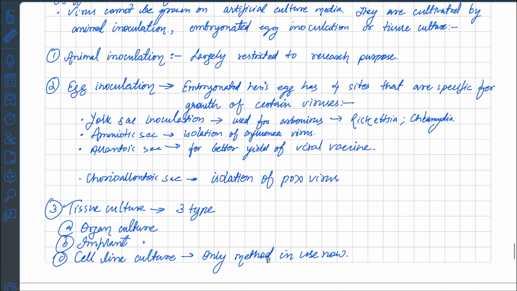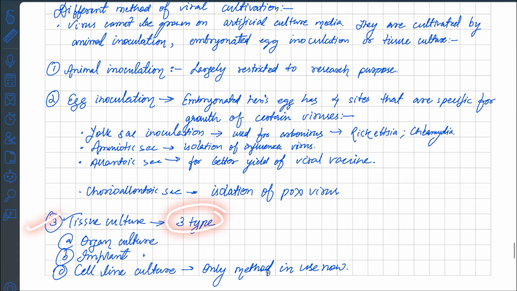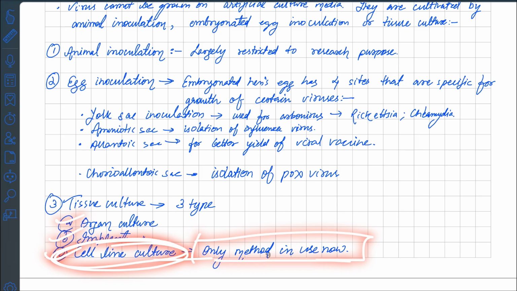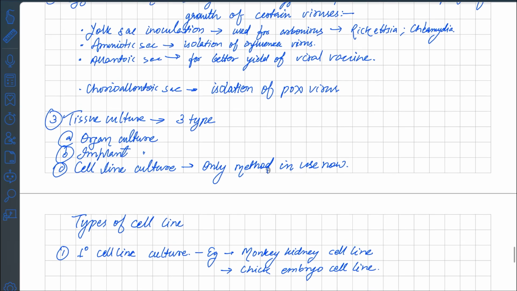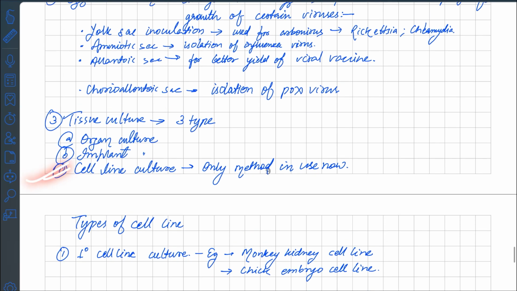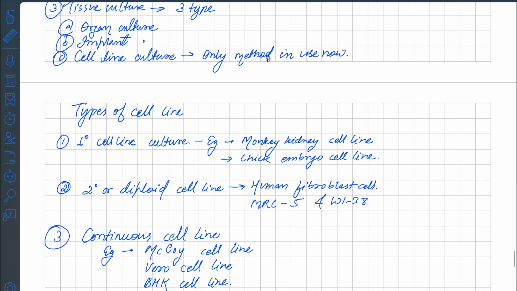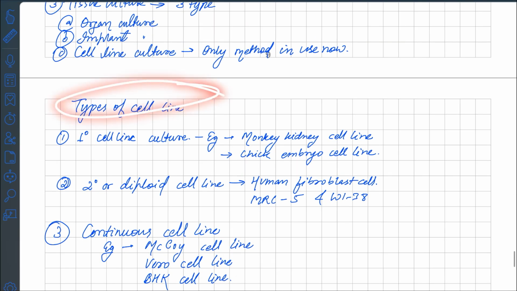The third method, the tissue culture method, is of 3 types. It can be organ culture, implant culture, or it can be cell line culture, which is the only method in use now, and this cell line culture is widely used, and you'll also find it in lab diagnosis of many of the viruses. So a little bit about cell line. It is of 3 types: primary, secondary and continuous.